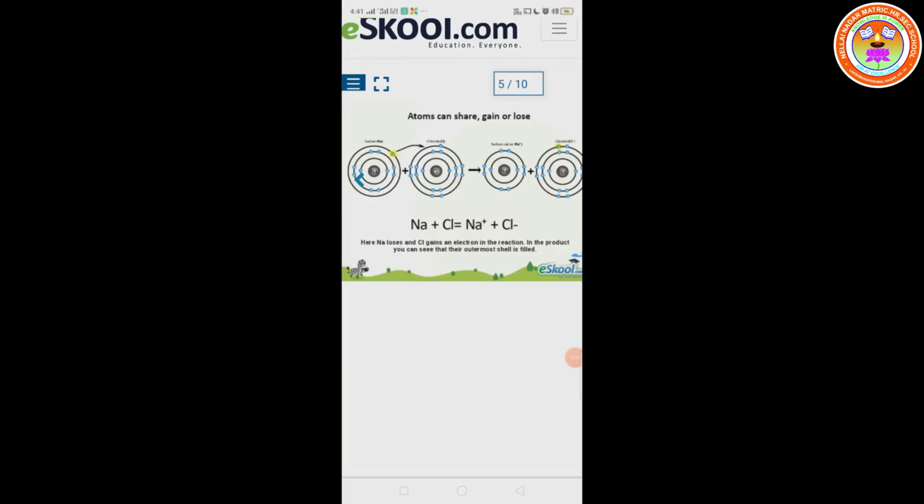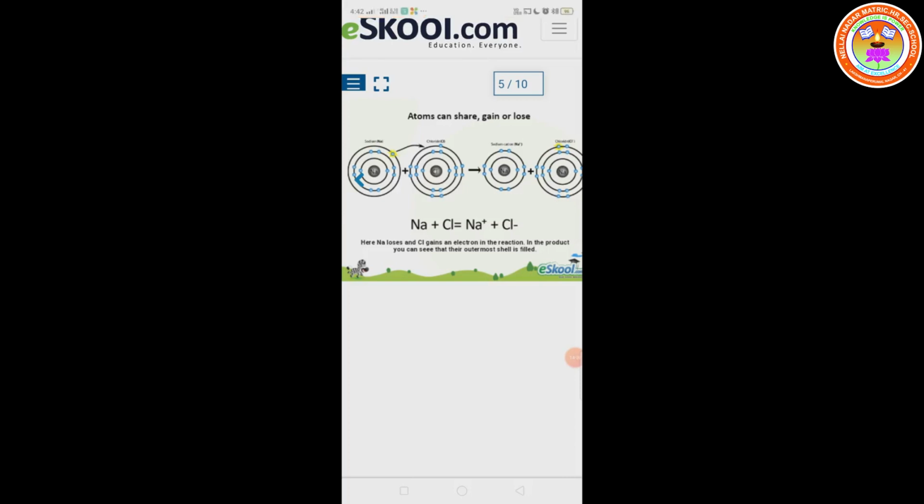Chlorine will gain 1 electron from sodium. The electron distribution is 2, 8, 8. So the chlorine ion is also stable. So Na plus and Cl minus. The sodium ion, cation, and chlorine anion have an ionic bond, positive and negative charge.